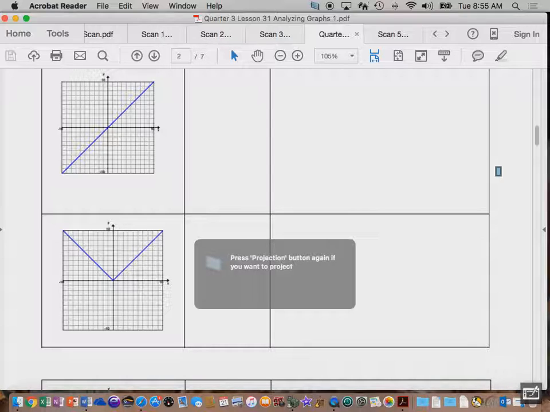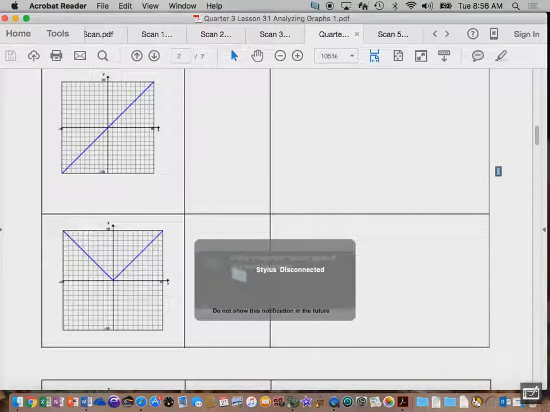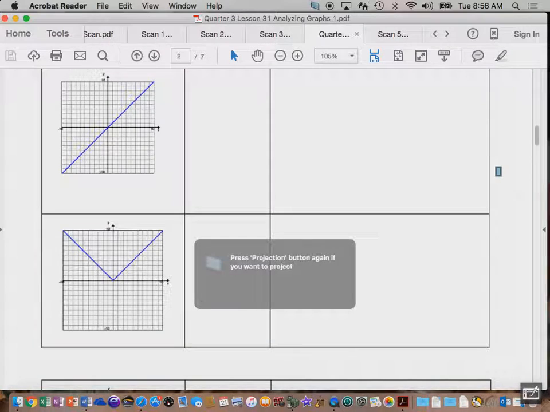Yep, I think the battery's dead. I'm not getting a little green light. But I have an extra battery, so it's not the end of the world. I started noticing it flickering the other day a little bit.